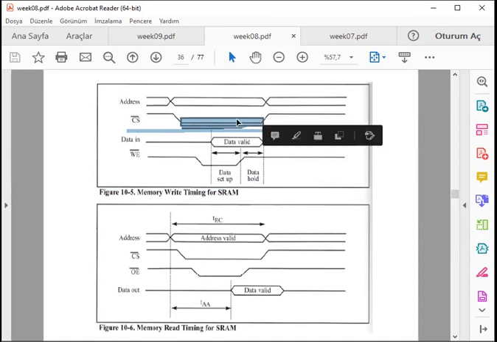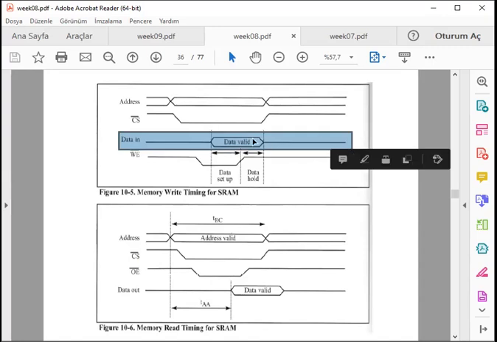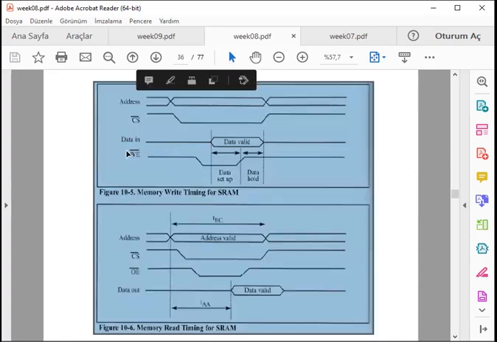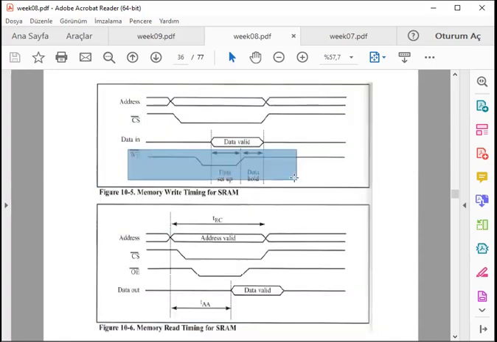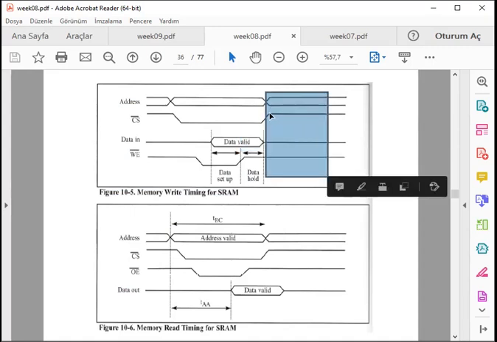First the chip is selected, then write enable is performed, and after a certain transition period, data is stationary and can be input or output. Then the operation is complete, the chip is deselected, and it's connected as a free state.